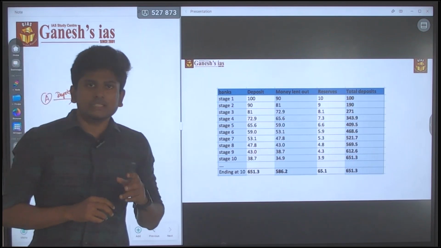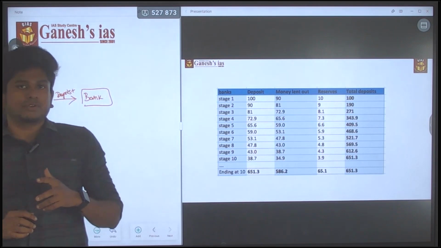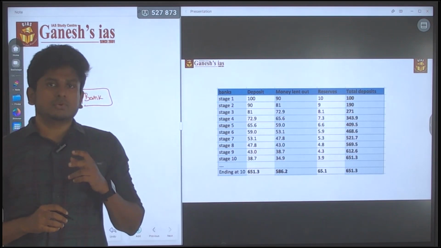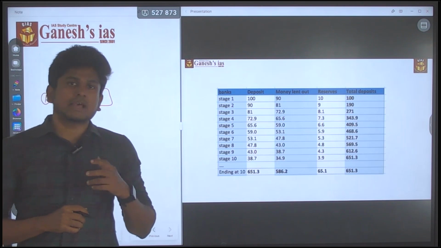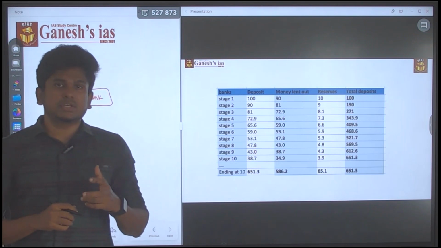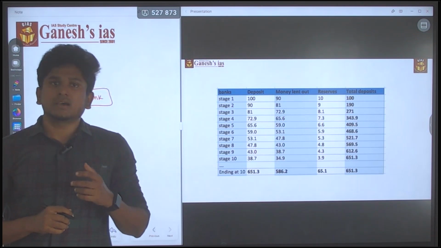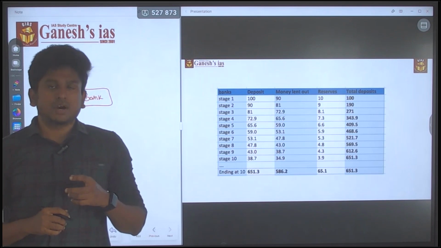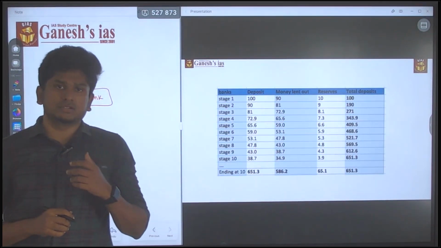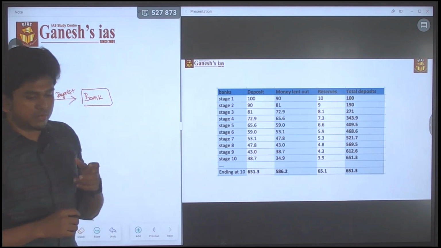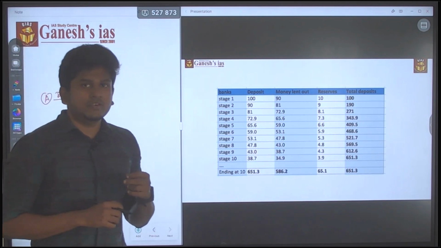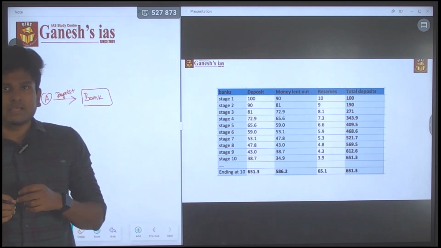Normally the bank has certain rules and regulations: it has to maintain certain money as a reserve, which is called the cash reserve ratio and the statutory liquidity ratio, CRR and SLR. If you deposit 100 rupees, they will maintain certain money as a reserve.